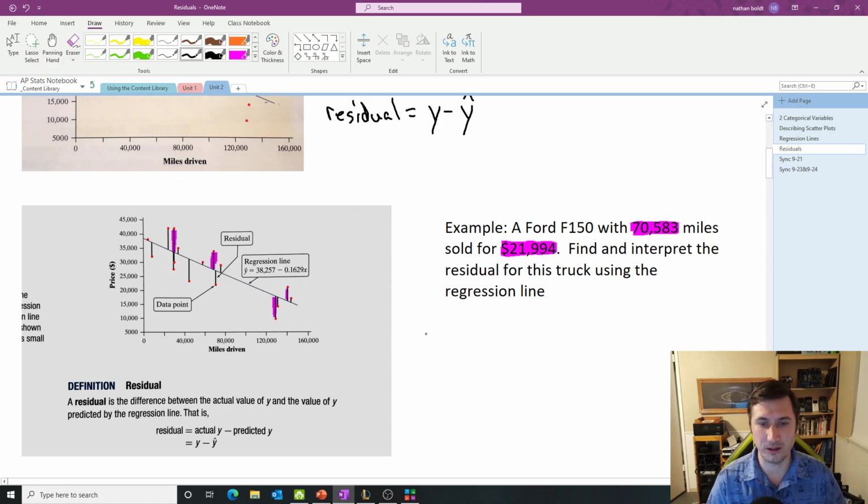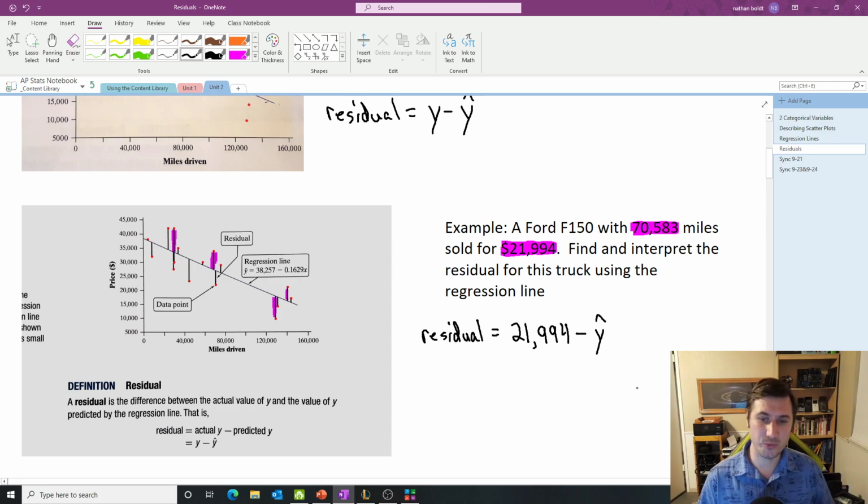Remember, our residual is equal to the actual cost that it sold for, $21,994, minus the predicted value. So we have to find the predicted value for a truck that has been driven 70,583 miles. What we have to do is plug it into our regression line.